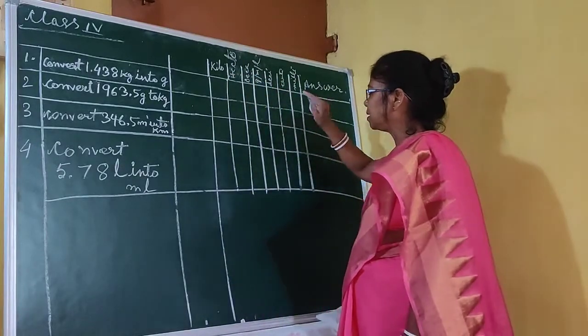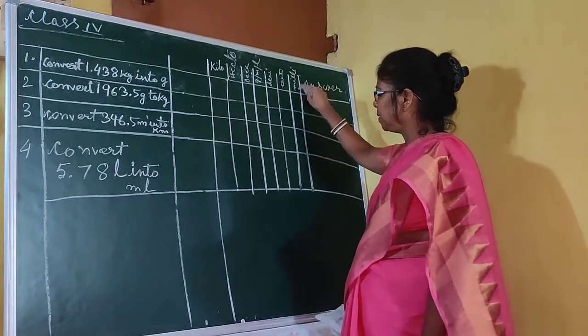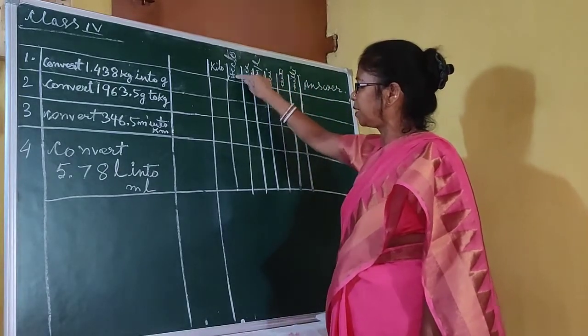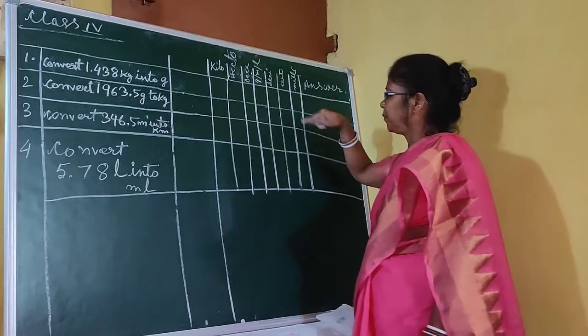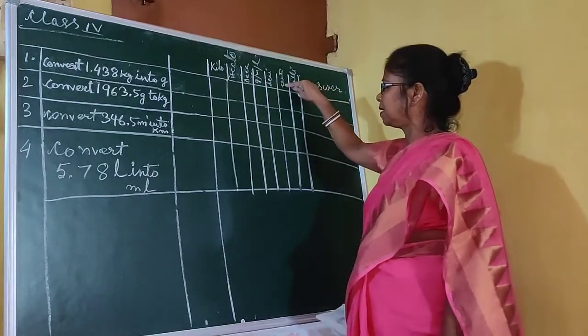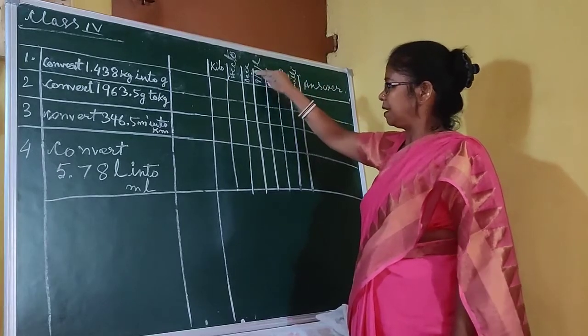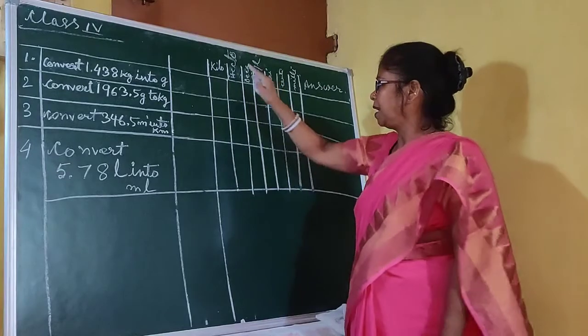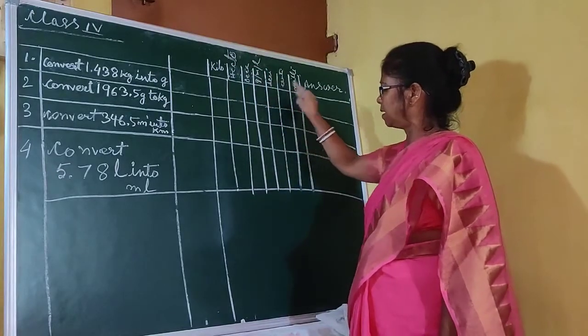In length, meter: millimeter, centimeter, decimeter, meter, decameter, hectometer, kilometer. In liquid, liter: milliliter, centiliter, deciliter, liter, decaliter, hectoliter, kiloliter. So you have to learn by heart kilo, hecto, deca, unit, deci, centi, milli.